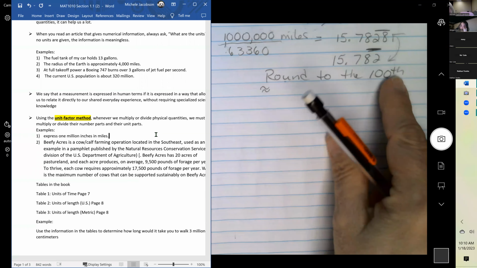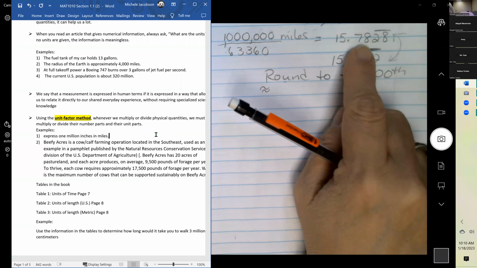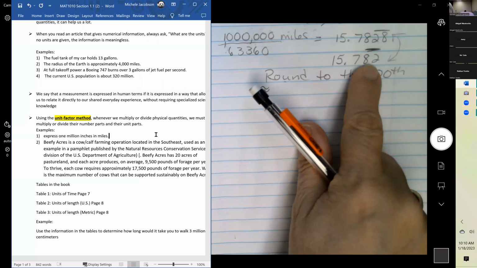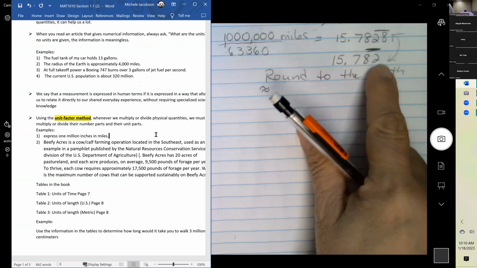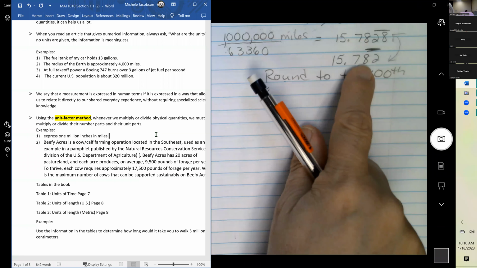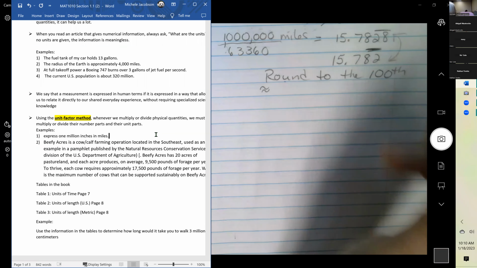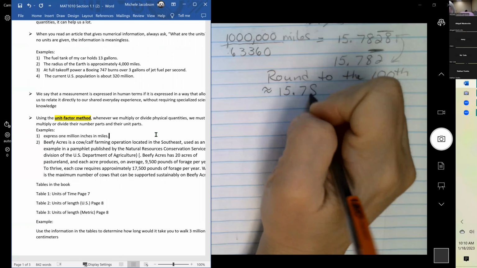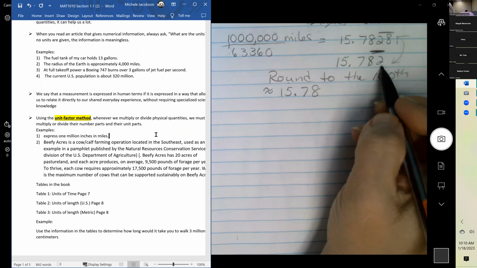And if we're rounding to the 100th, this first position after the decimal is the 10th, this 8 is the 100th. Since the next one is below 5, it stays an 8. So it would be 15.78.